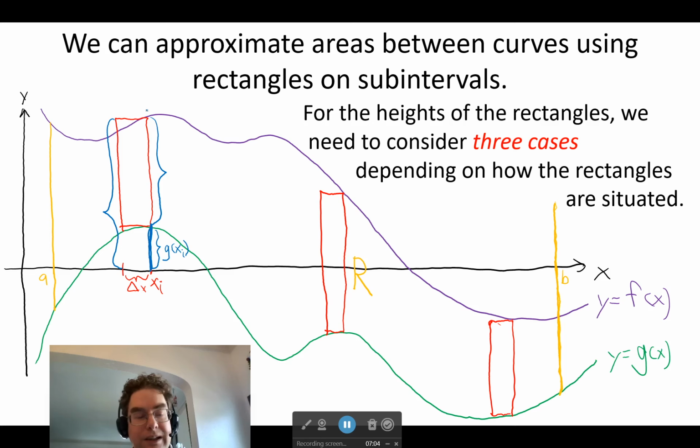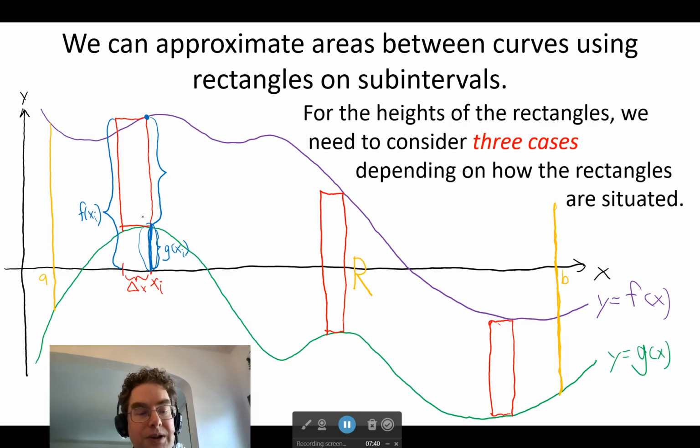Well, the top of our rectangle is where it hits the purple curve on the right edge there. And we know that that is going to be f of xi, the value of function f at xi. That gives us the y coordinate for this particular point on the graph of f. So to get the height of our rectangle here, the height of the red portion, well, we could start with f of xi going all the way up to that purple curve, but we have some extra here that we don't want, right?